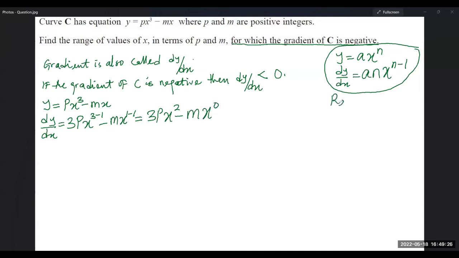Recall that x to power 0 is equal to 1, so this equals 3p x squared minus m.